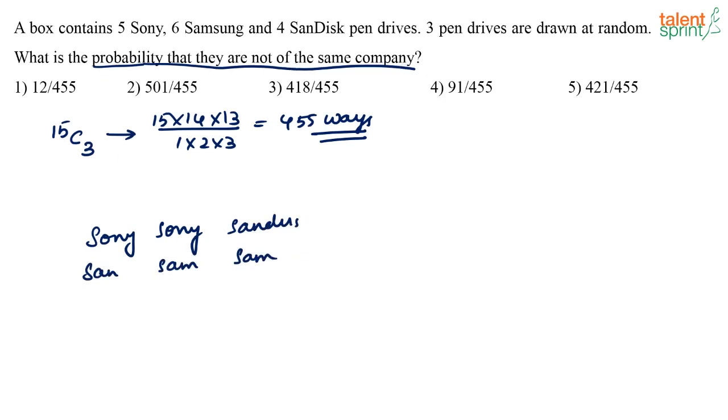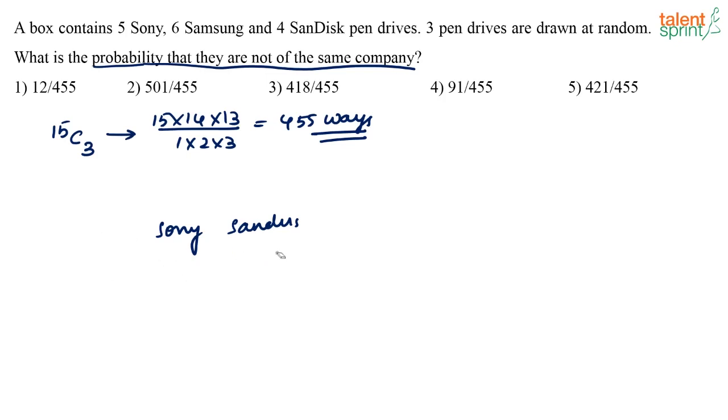Now, to answer your doubt, Sony is asking me, ma'am, why can't I do like this? Why can't I say that if I choose a Sony pen drive, then all the pen drives should be Sony, and if I choose a Samsung pen drive, then all the pen drives should be Samsung? Shouldn't that be the way that I solve it? Here they are just saying that the pen drives should not be of the same company.